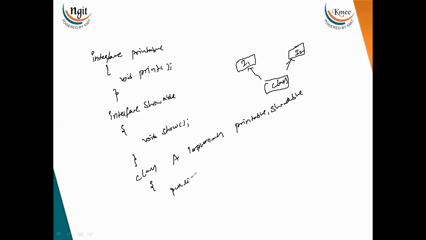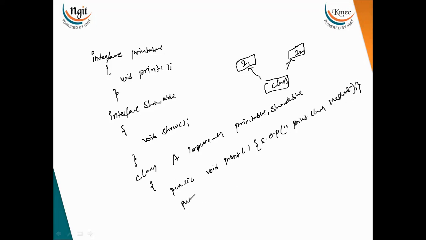Public void print method. For this print method, I'm writing some body. Let's say System.out.println, I'm printing something like "print class method". I'm closing this, keep a semicolon, close it.